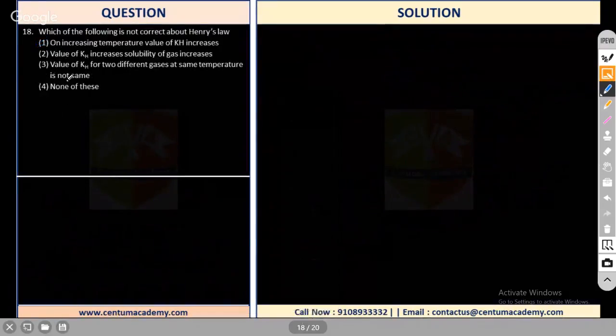Question number 18. Which of the following is not correct about Henry's law? On increasing temperature, the KH increases. Right? On increasing temperature, the value of KH increases. It's correct. The value of KH increases, solubility of gas increases. Okay.